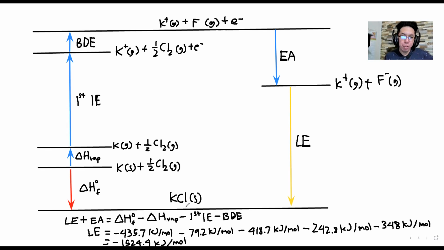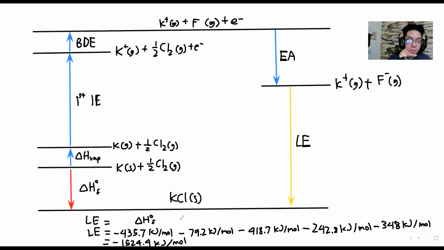Nako, ilagay mo yung mga values. Sige. You place the values beside your, kunwari, ayan, BDE, what is the value? Why did you erase? I will just put them where they belong. Okay, delta H formation.